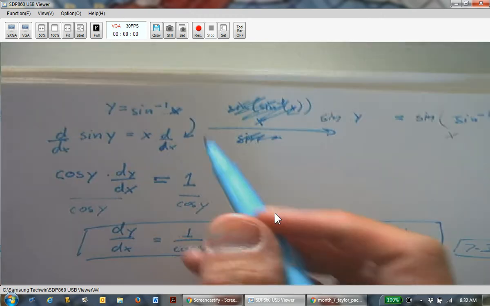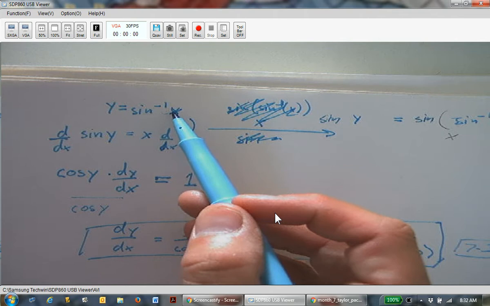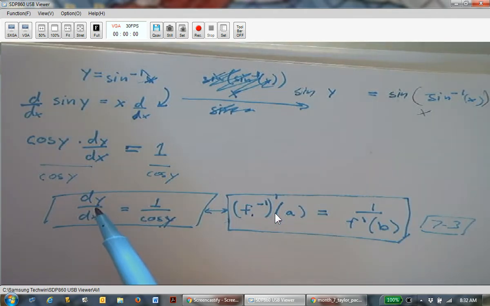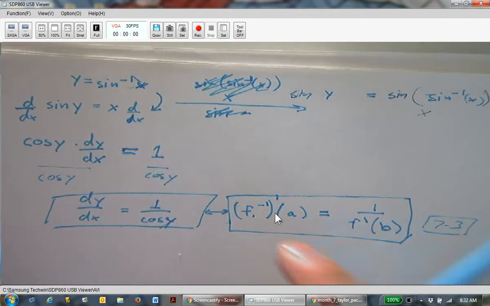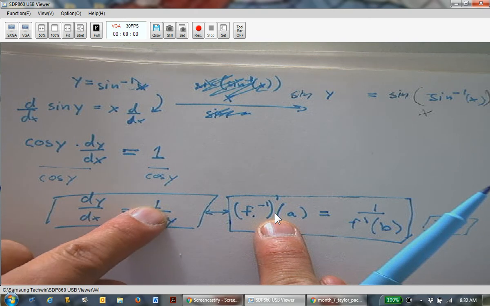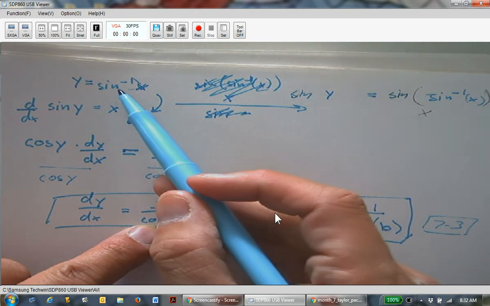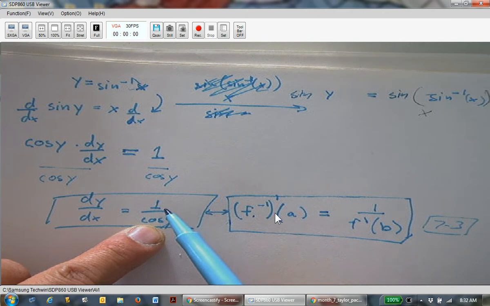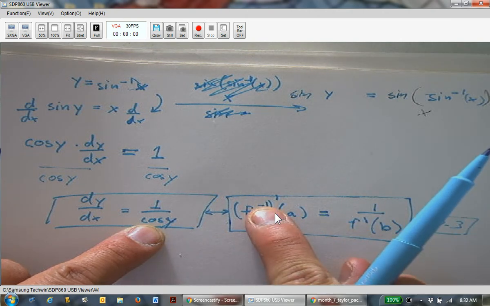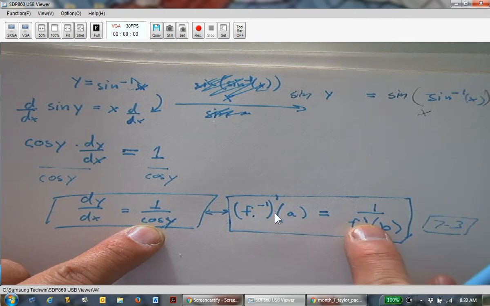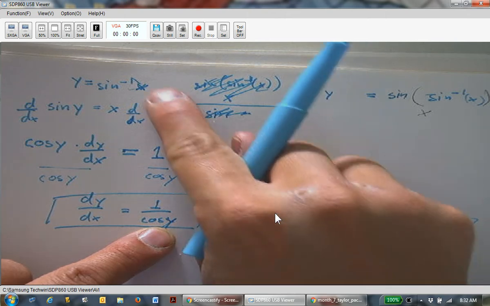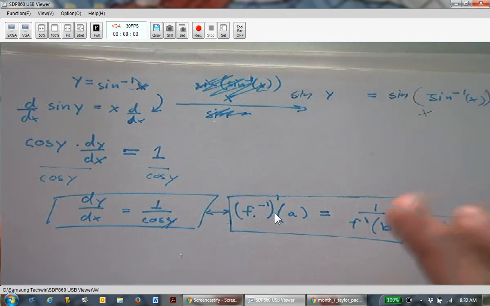The inverse function was the inverse sine of x. The derivative of this, dy over dx, is 1 over the derivative of just the function sine, which was cosine of y. Again, 1 over the derivative of just the function, not the inverse function. And of the other term, in this case, we have y instead of x. Does that make sense?